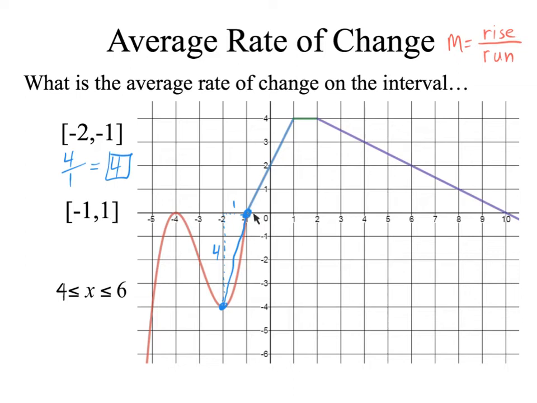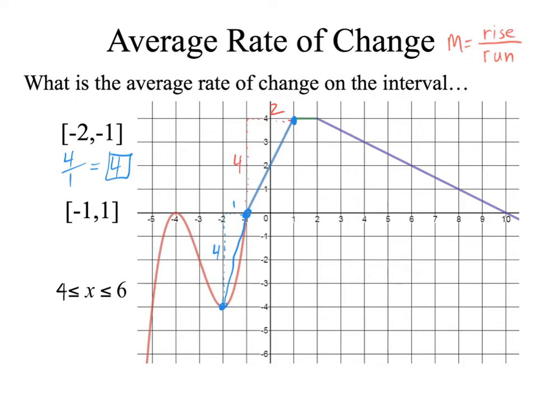So that's the reason. But anyways, let's find the average rate of change or slope of -1 to 1. So -1's here, and 1 is up here. So 1 is right there. Well, this one, isn't that just a line for the slope? So let's draw our right triangle. We have going up right here and over. Looks like I went up 4 and over 2.